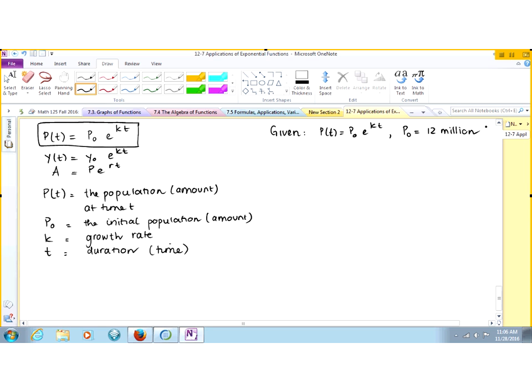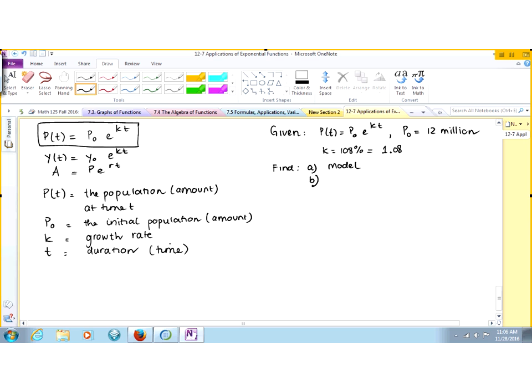Do I know K or T? Do I know K? Do we know the growth rate? What is the growth rate? Yes, 108%. How do I change this to decimal? 1.08. Yes. Good. And what do you have to find?